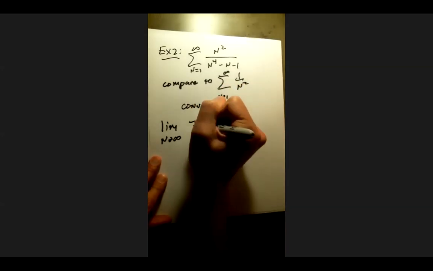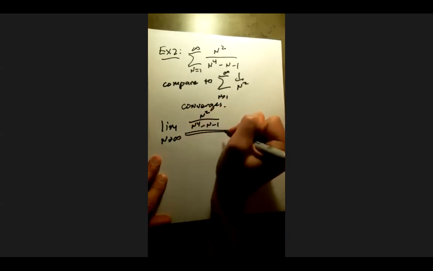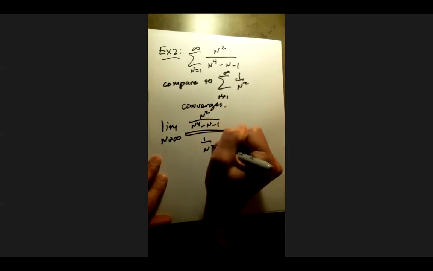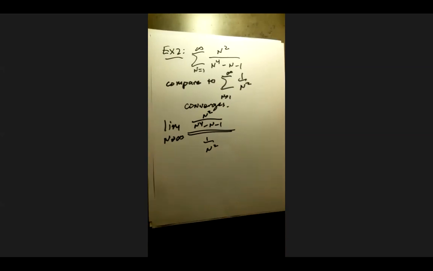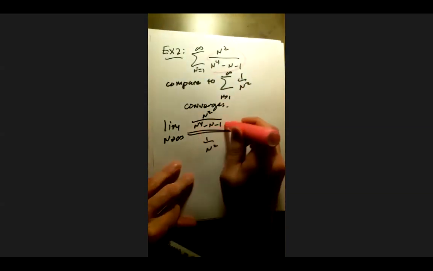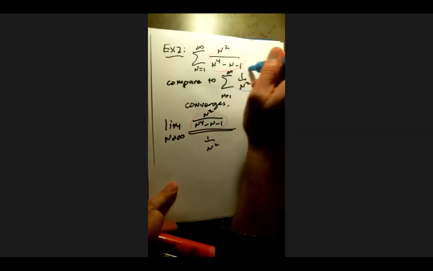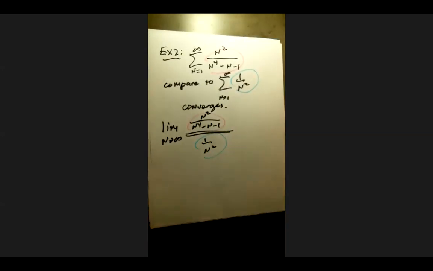So 1 over n to the 4th minus n minus 1, over 1 over n squared. In this case, I have those terms in the numerator, and these guys are in the denominator.